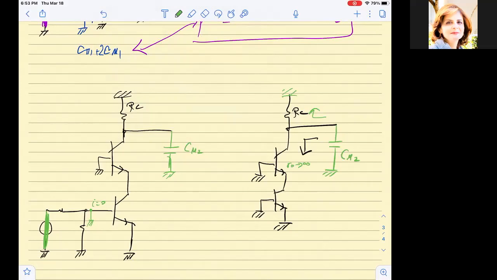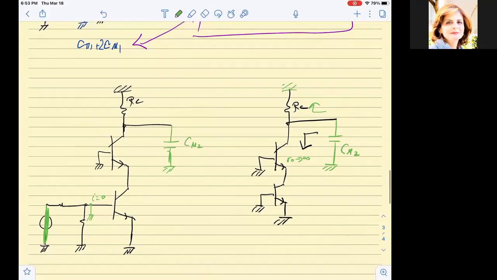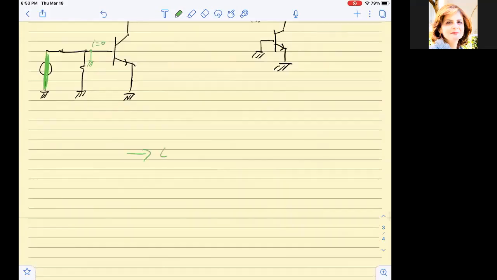Let's see the circuit. Yes, it will see the RC looking up, and then we can calculate from this the effective time constant, and eventually calculate the tau for the 3 terms, and then 1 over the summation of the taus gives us the 3 dB frequency.